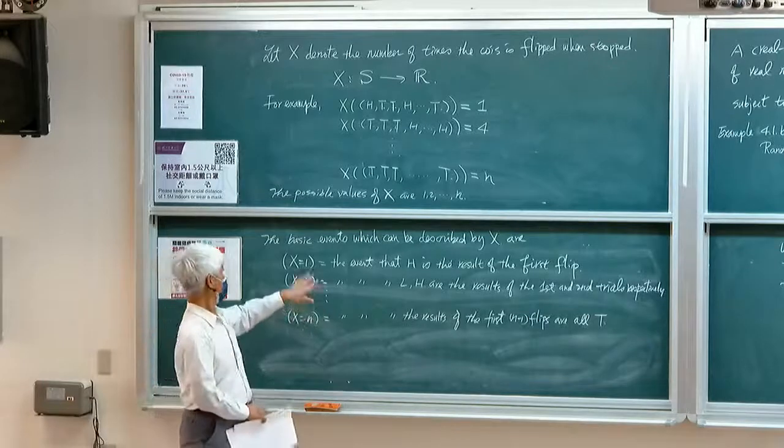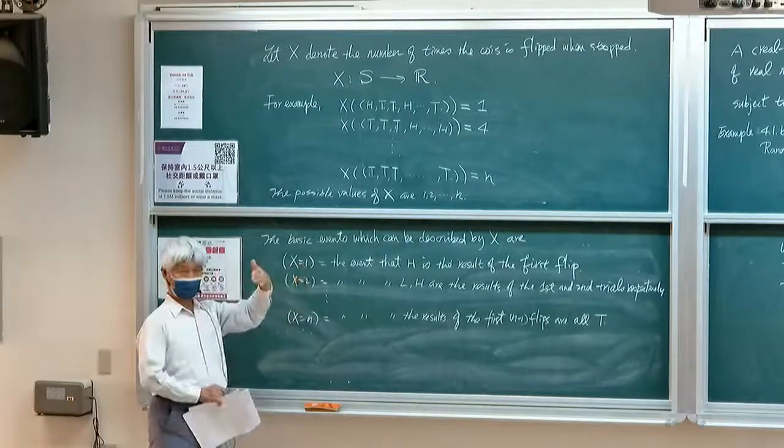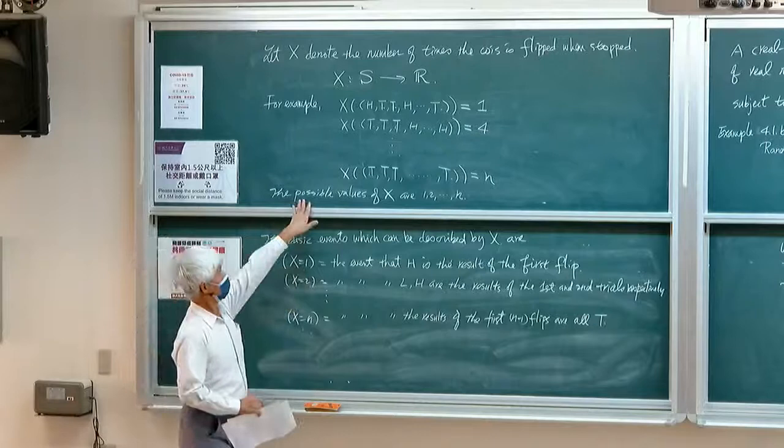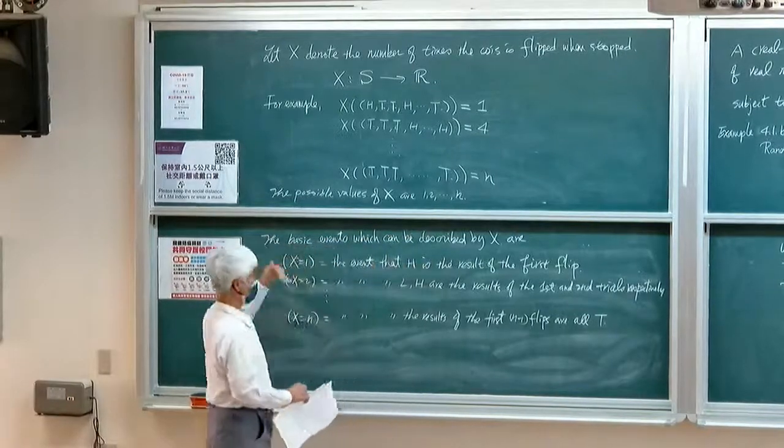So X equal to some particular integer from 1 to n gives us the most basic event.